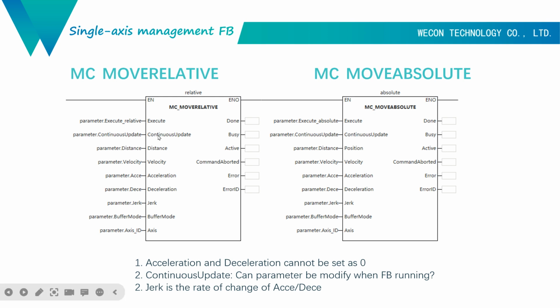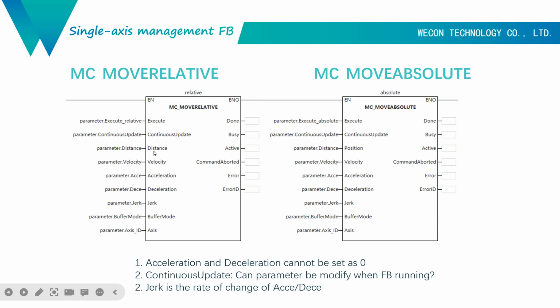And if we set this continuous update as false, then we also can set these parameters during relative moving, but these parameters will not take effect directly. They will take effect in the next moving.